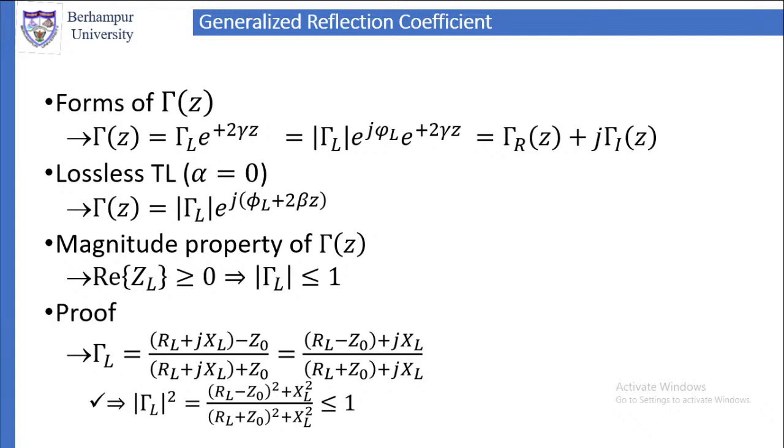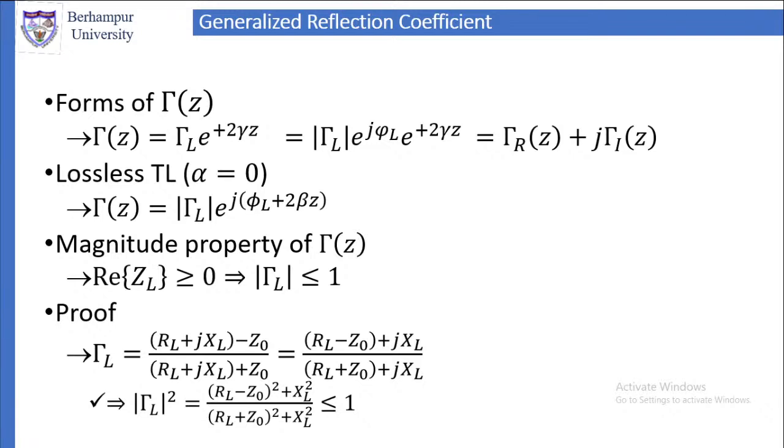Why it will be less than or equal to 1? Let us see that. So, as I told you, ZL is the impedance. So, ZL we can write as RL plus jXL. Impedance Z is equal to R plus jX. Now, what is gamma L? Gamma L is equal to (ZL minus Z0) by (ZL plus Z0). For ZL, let us put RL plus jXL, then (RL plus jXL minus Z0) by (RL plus jXL plus Z0).